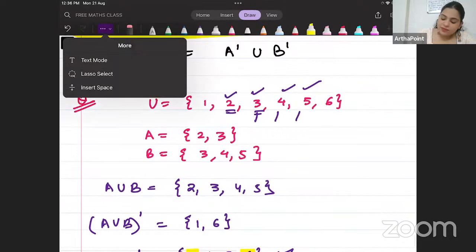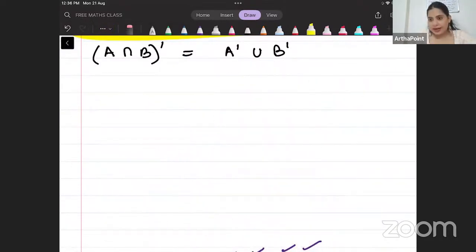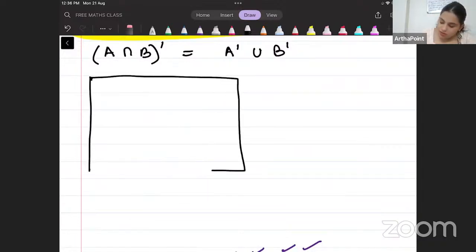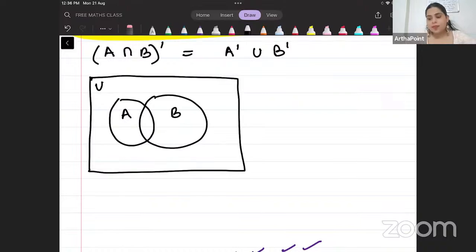But the second one, I want you to try on your own. What I will do is show you through a Venn diagram. So see this. This is A. This is B. This is the universe. A intersection B means common between A and B. That means this. Now, when I have to find its complement, it means everything in the universe except this.